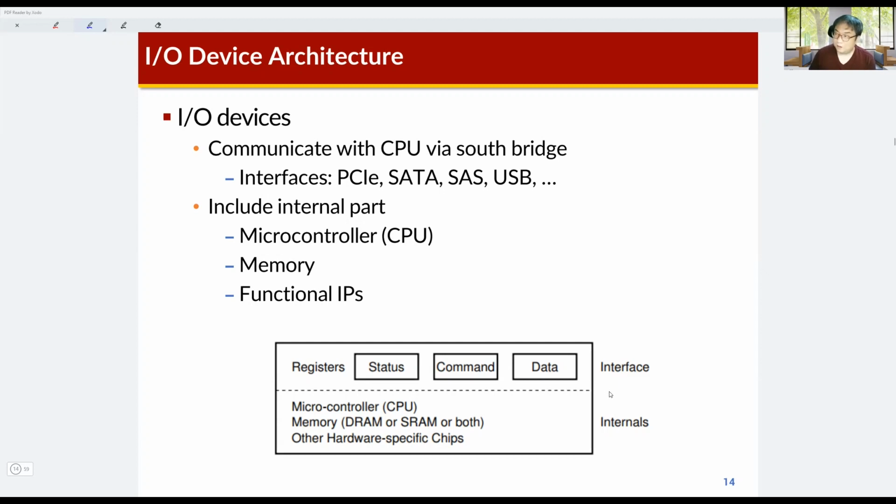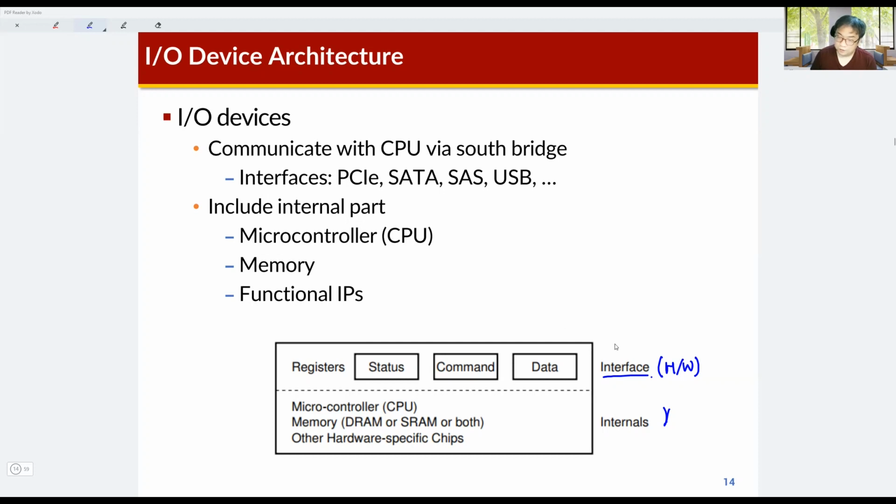I/O devices are composed of an interface part, which is a hardware part, and also the I/O device has its own system, like a microcontroller and memories or other hardware chips.